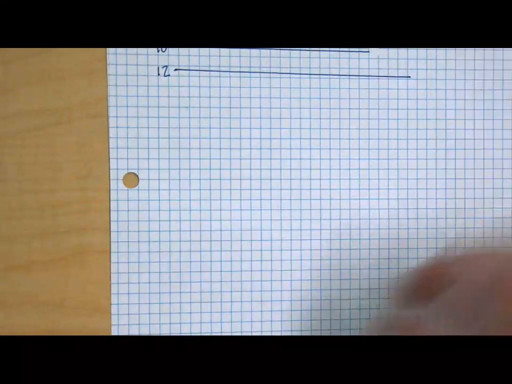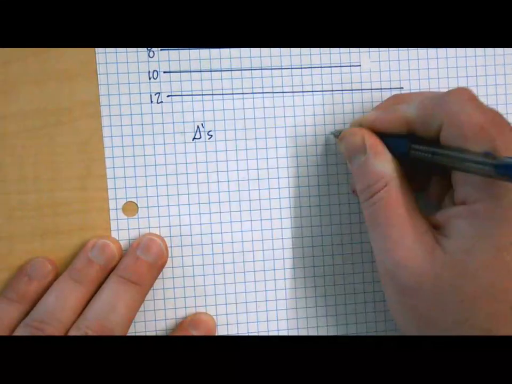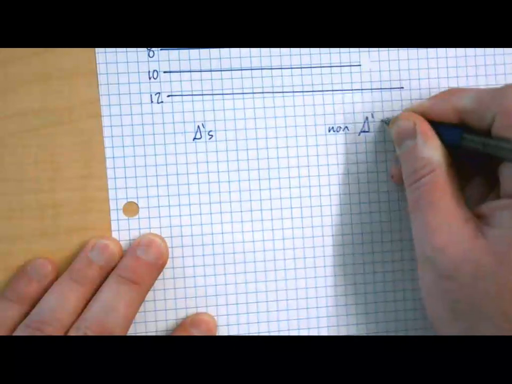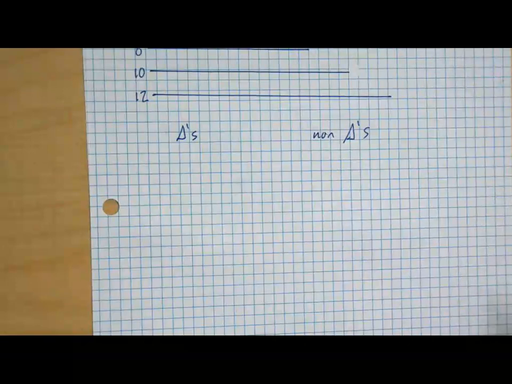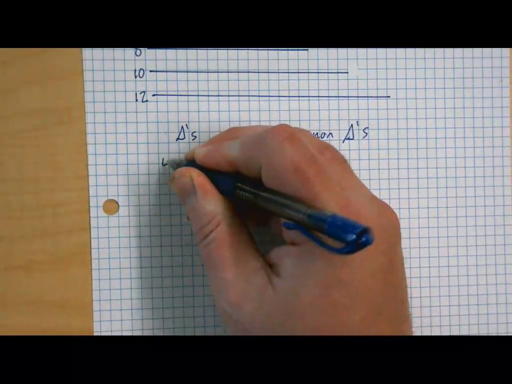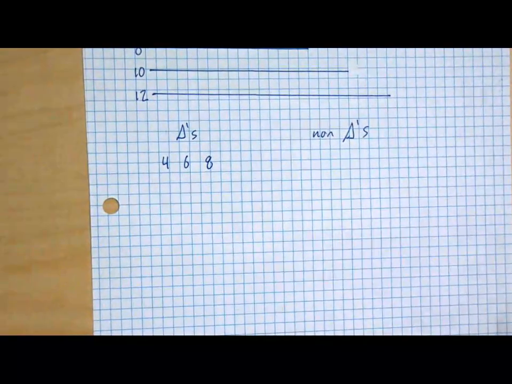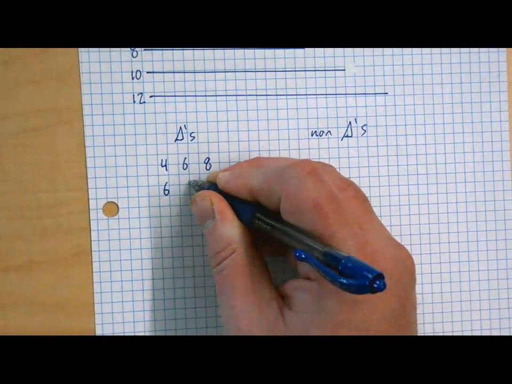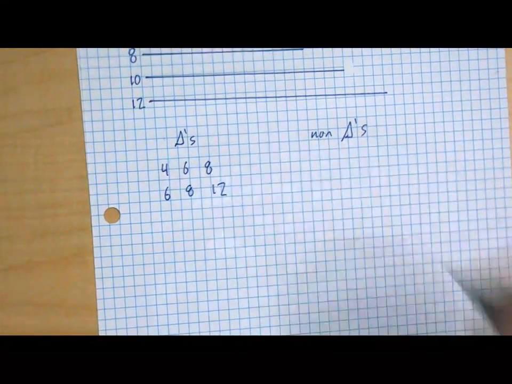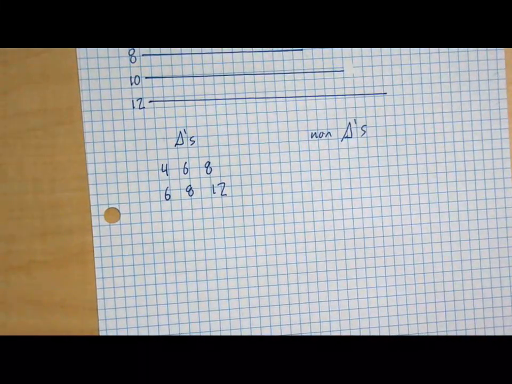Let's make a list of triangles and non-triangles. I'm going to list the sides that we tried. The first one that we tried was 4, 6, and 8, and that worked okay. We tried 6, 8, and 12, and that was fine.